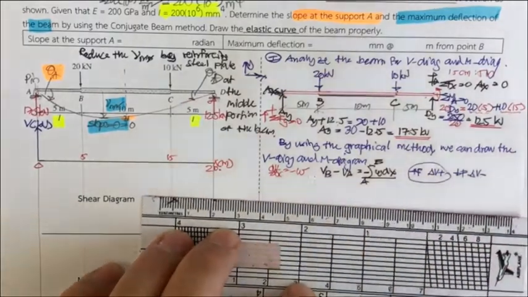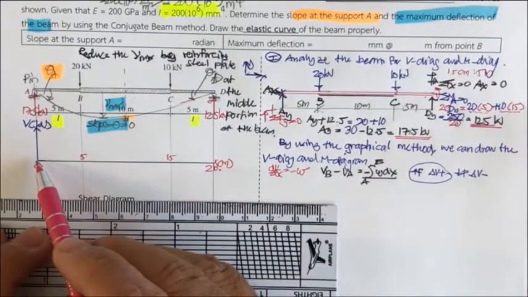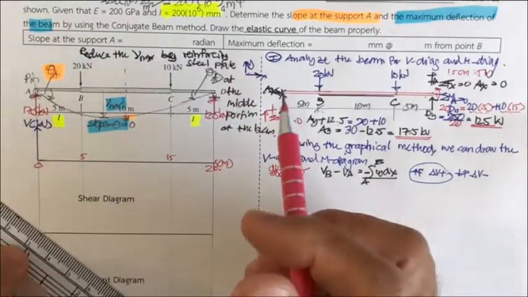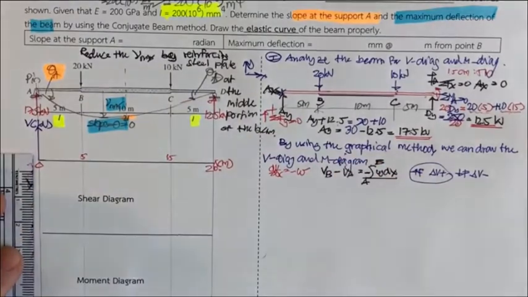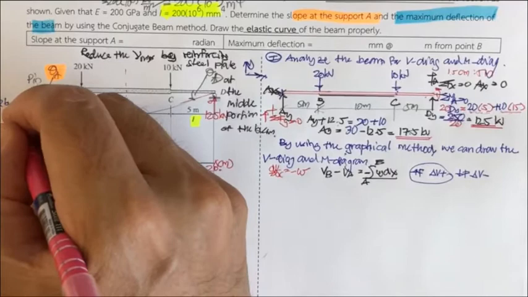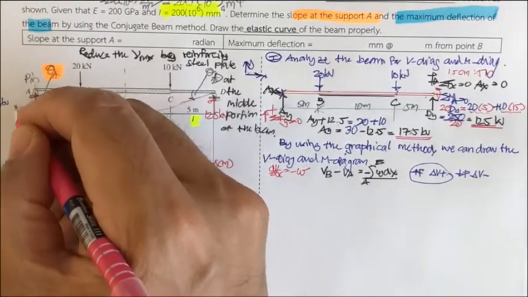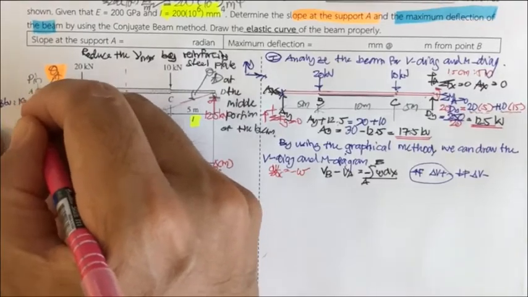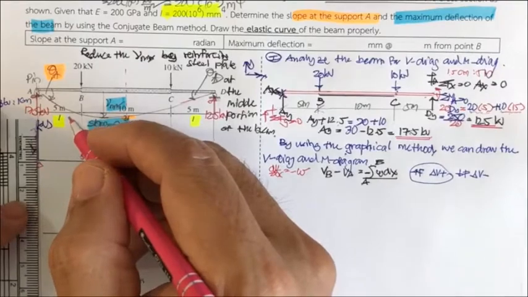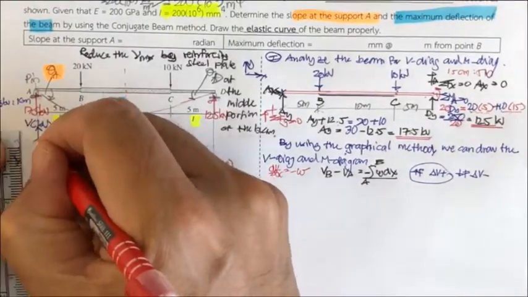So we start here. We move from the left to the right, and we have 17.5. So let's say 17.5 is about 18. We do the scale of 20 kilonewton per 1 centimeter. So 18 is about 9 millimeter, so you're going to be up for about 9 millimeter.